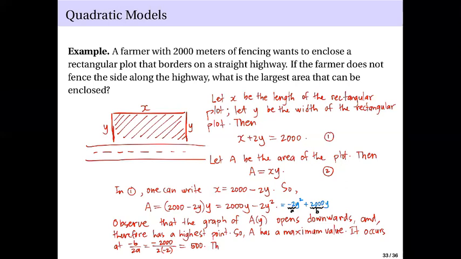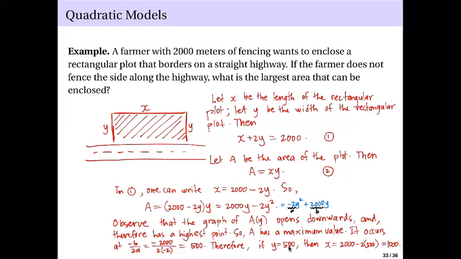Therefore, if y is equal to your 500, then x equals 2000 minus 2 times 500, but 2 times 500 is just 1000. So 2000 minus 1000, that's 1000.